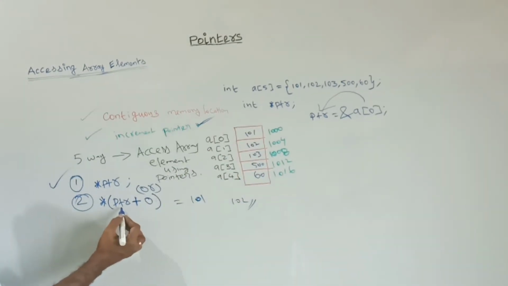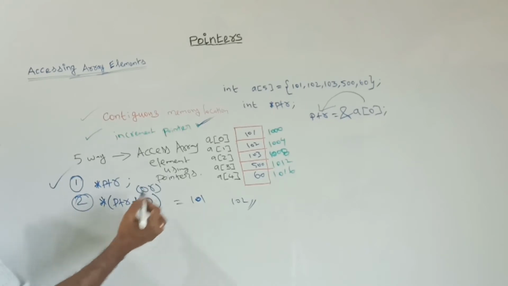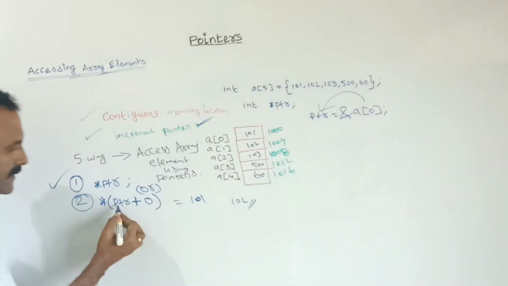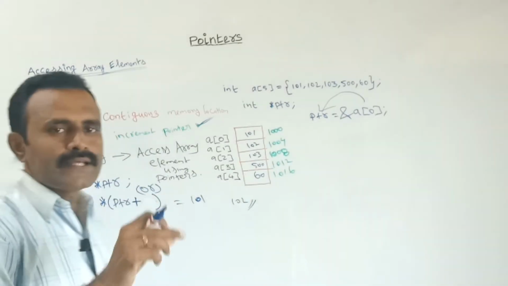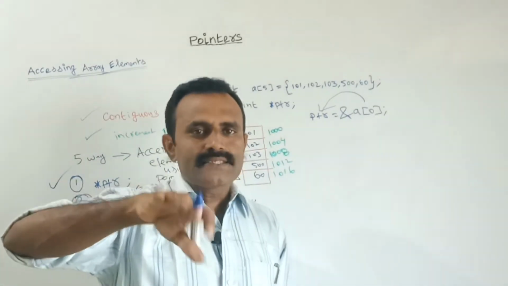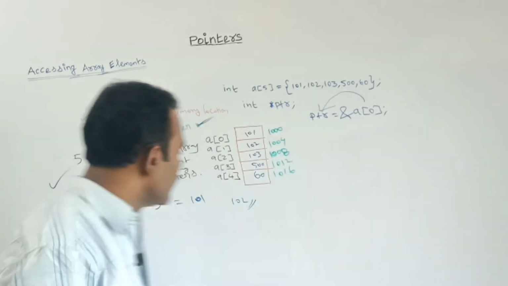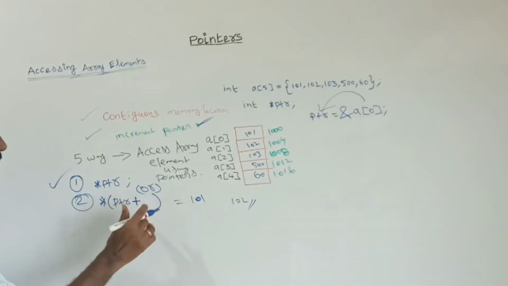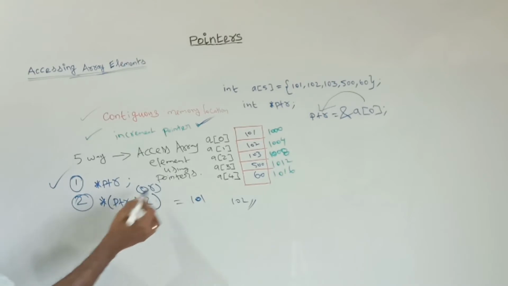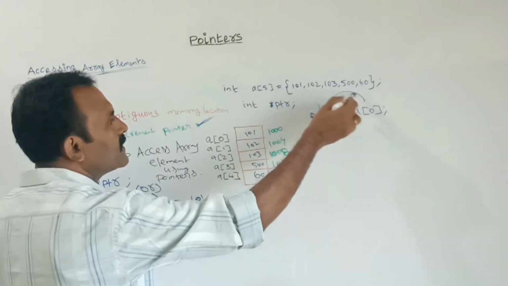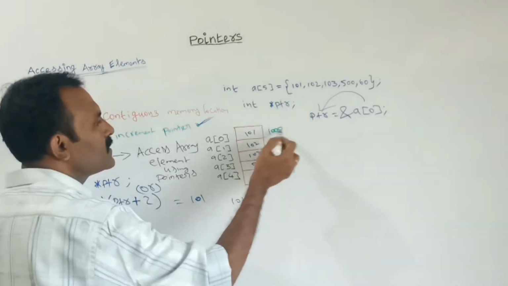Suppose I want to print the current location element, then I can use it like this. From the current location, if I want to print the second position value, I can give plus 2, that means from the current position plus 2. Currently a[0] is stored, and its address is 1000.